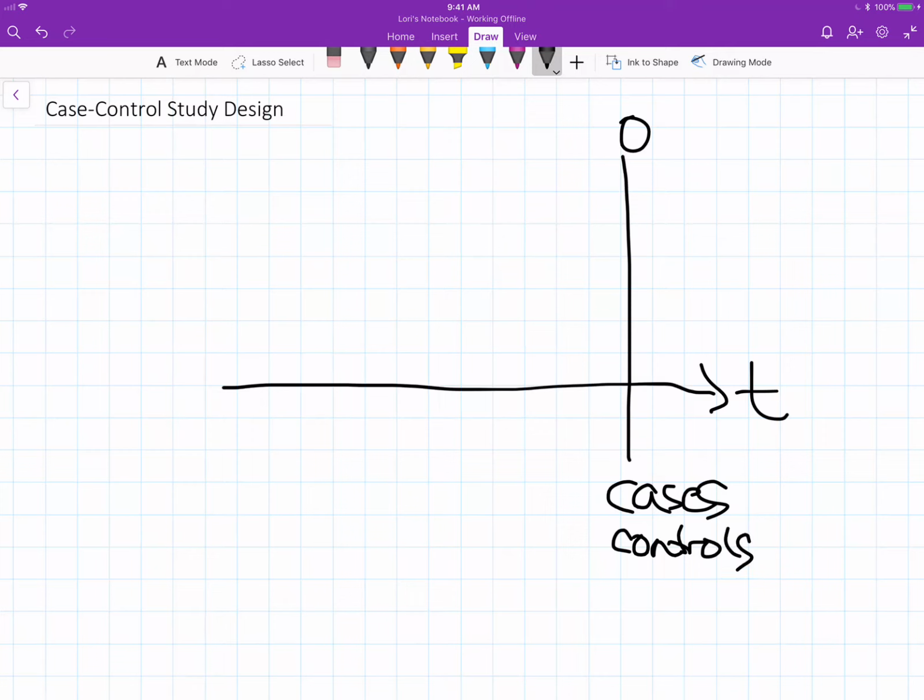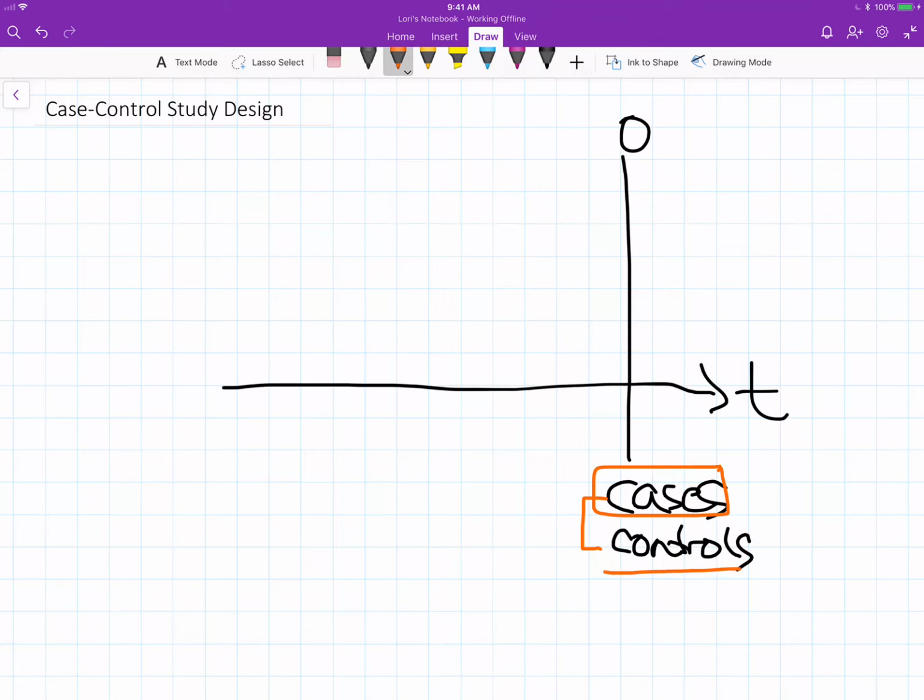Now, the thing that differentiates this from a descriptive design is that with descriptive we're not really comparing two groups, but now all of a sudden we have this possibility to compare two groups. And one of the important things to remember is we may collect information about these cases, but we don't know what we would expect in a random, average, normal group of people.